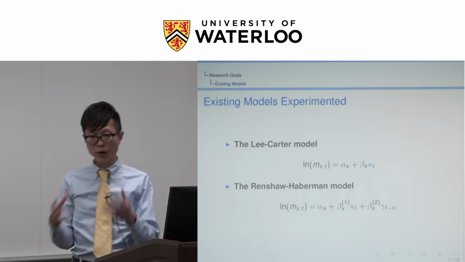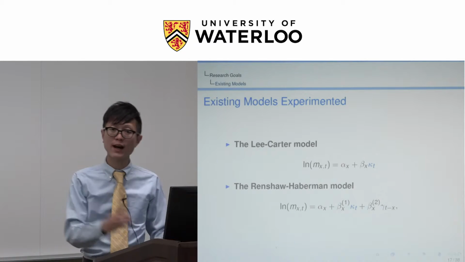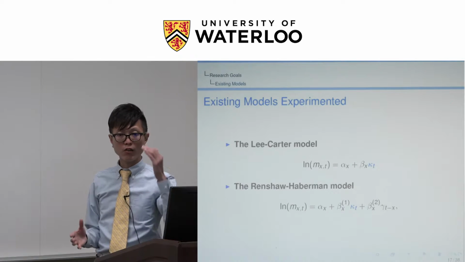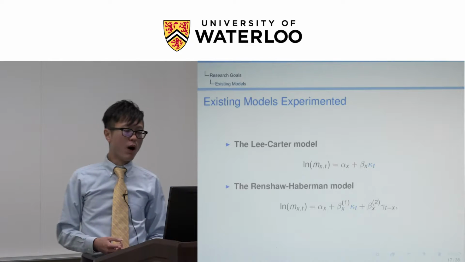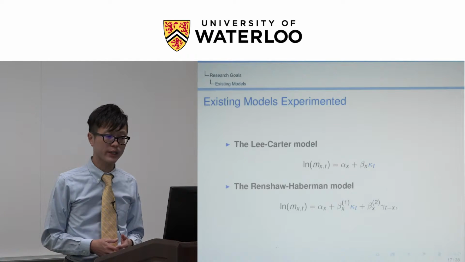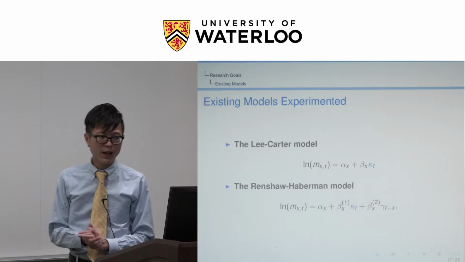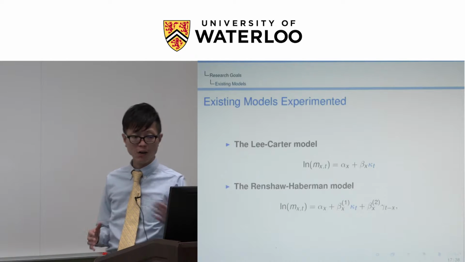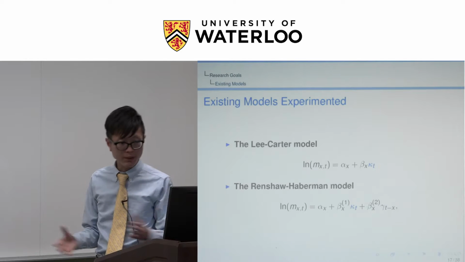Before we developed our new model, we experimented with various existing stochastic mortality models to see if they can satisfy the criteria I set out earlier. The existing models include the Lee-Carter model and the Renshaw-Haberman model. These models assume that historical mortality rates in log scale can be represented by a combination of different parameters.